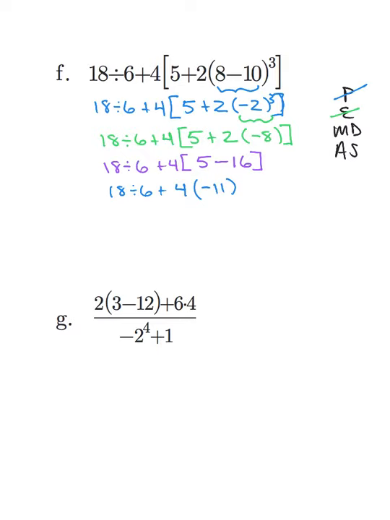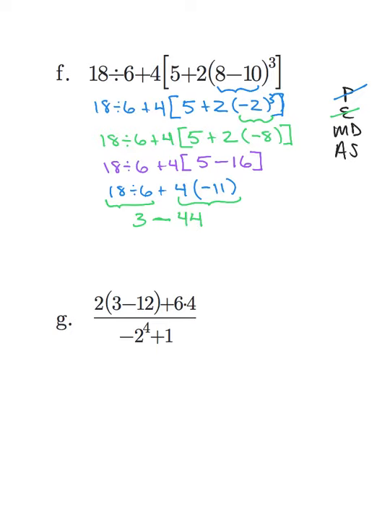Now, from here, we're now back to the larger problem. So, from here, what we want to do is our divisions and our multiplications. We get 18 divided by 6 is 3, and 4 times negative 11 is negative 44. You can either write that as plus negative 44 or minus 44.